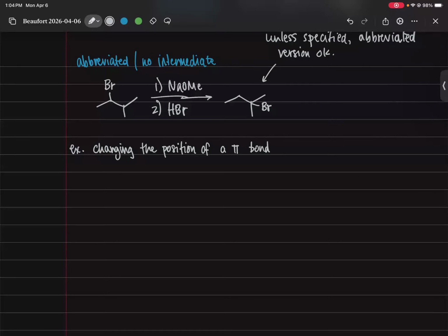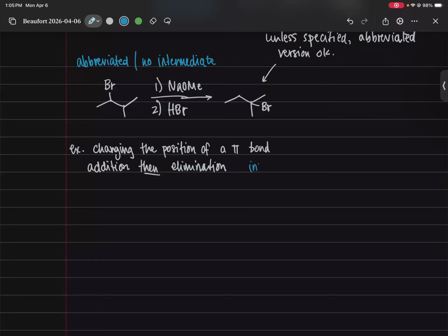So this is going to be the opposite of what we just did. In this case, we're going to do addition first, then elimination.